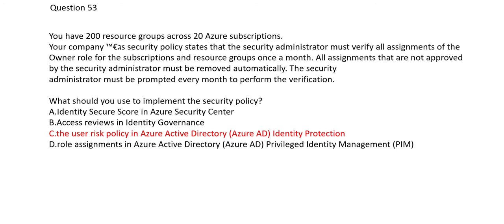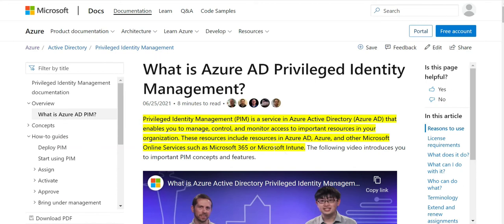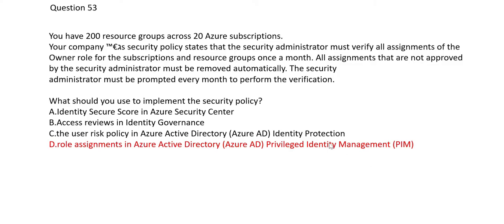If you see PIM, it is used to monitor important resources in your organization. What can these resources be? It can be something like Azure AD or some Microsoft online services such as 365. So this is also wrong because it will not fulfill the purpose of prompting every month.